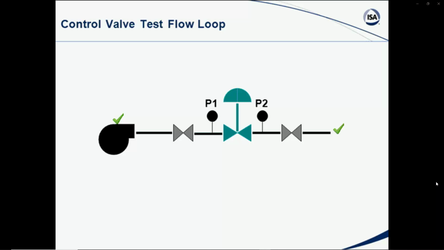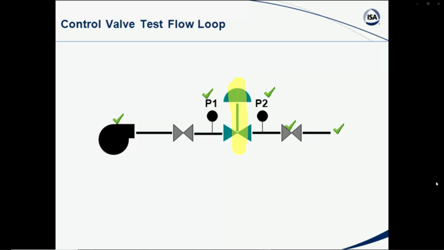It's very close coupled, and they have the ability to control the upstream P1 and P2 pressures of the control valve, and then the control valve itself can be put in various degrees of open, 10% open, 20% open, or whatever, and then adjustments can be made by the people running the test so that they can check the capacities of each different type, style, and size of control valve.